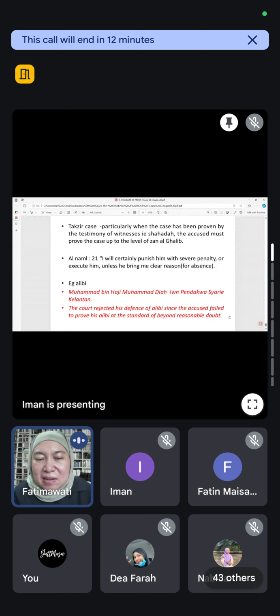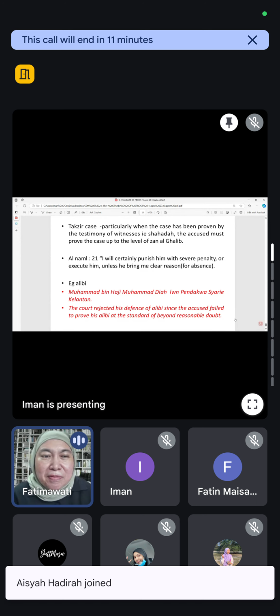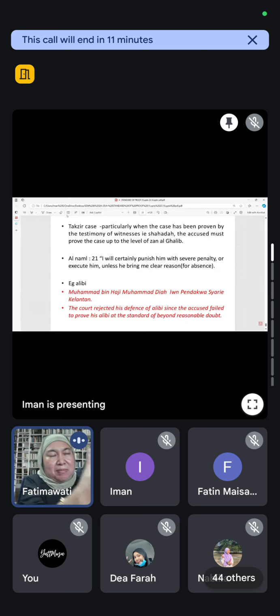Remember this case? Defense of alibi. So in his defense, he said that he wasn't there. I'm somewhere else, you know. Dia kata dia dekat Thailand now. So they failed to prove that he was actually there, I mean, doing the akad nikah, pasal the defense of alibi. So in that case, he succeeded. Sorry.